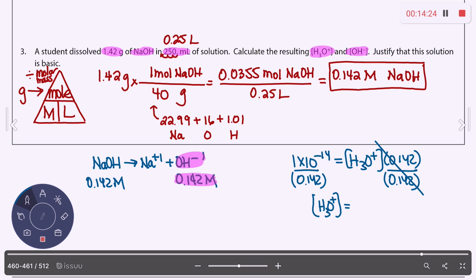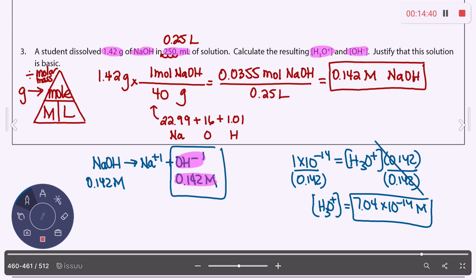And you're going to get 7.04 times 10 to the negative 14 for the hydronium, okay? And that's a basic solution because this concentration for the hydroxide is a lot bigger than this concentration for the hydronium. So that's how you know it's basic.